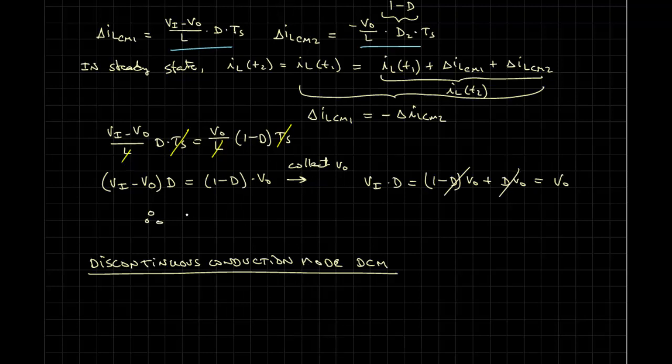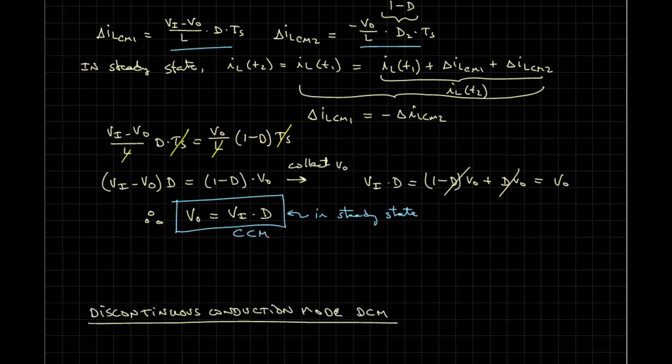And this leads to our very simple expression that the output voltage Vo must be equal to Vi times D. Okay, this is in steady state, and this is continuous conduction mode.